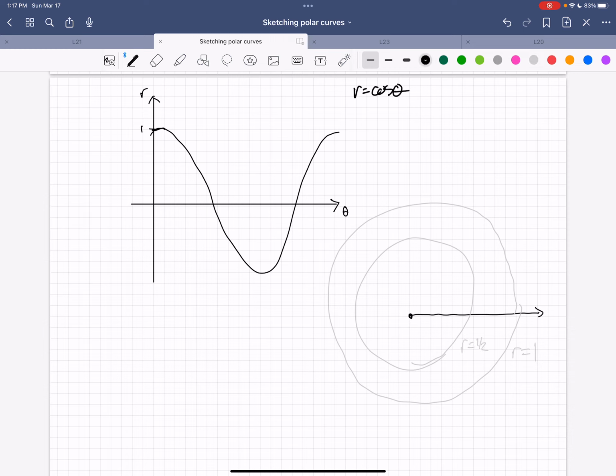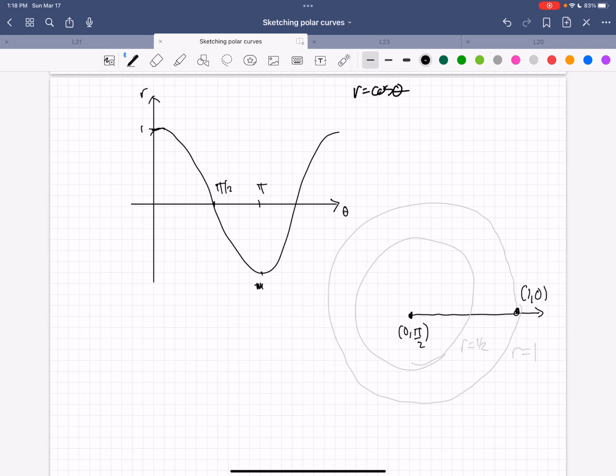Okay, so let's see, we've got this point at 1, 0, because when theta is 0, cos is 1. Then we'll have a point at 0, pi over 2, because we know that if the angle is pi over 2, then cosine is 0.